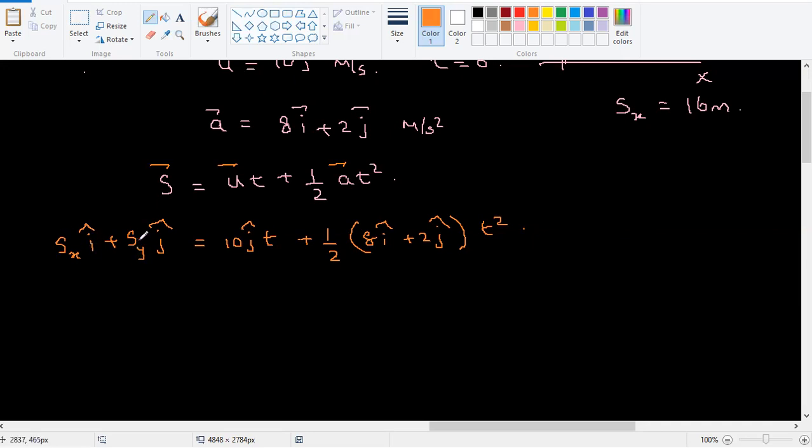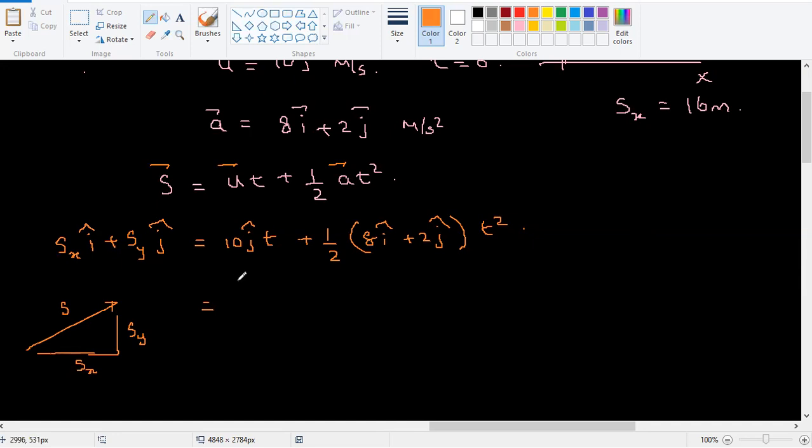Sy is your displacement in the y direction, so if I multiply by j, it will become the y direction displacement. So if I add this and this, that is my total displacement. Anybody not following this? So this is your S, this is your Sx, this is your Sy. So if I simply write this, this diagram can be represented like this vector.